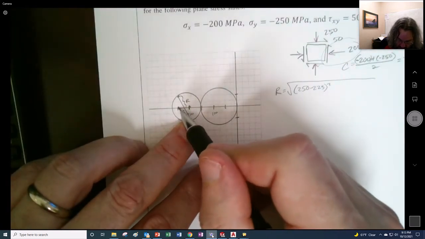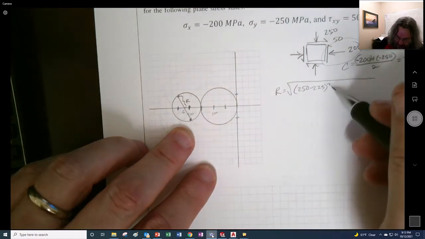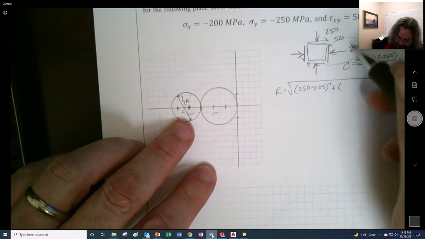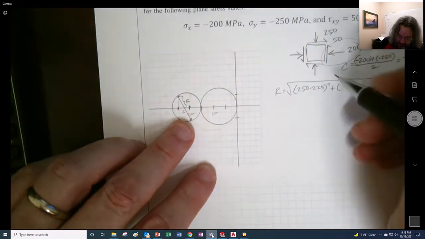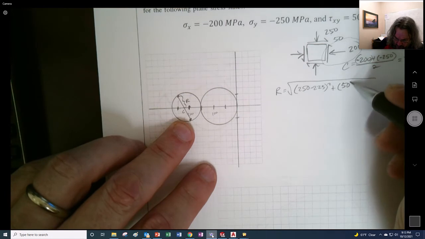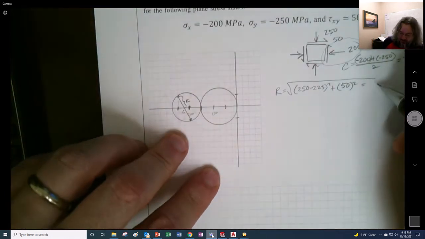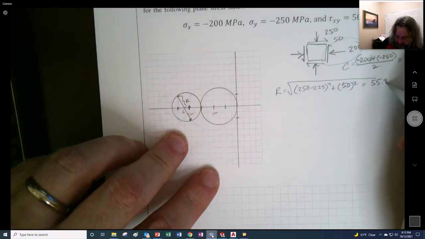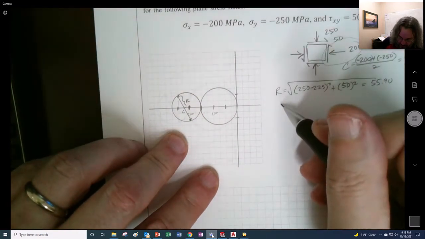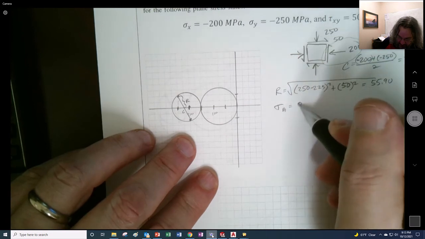Because that's 250, that's 225, so I square that, and then it's just the shear squared. So let's see. Did I get that right? Yeah, look at that. And it's 55.90.